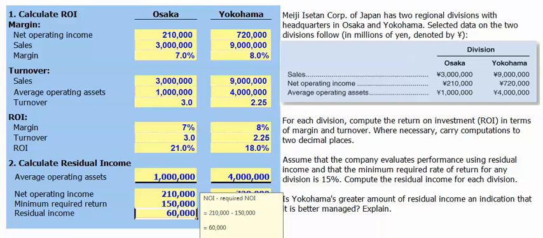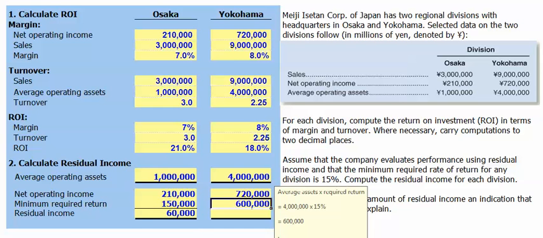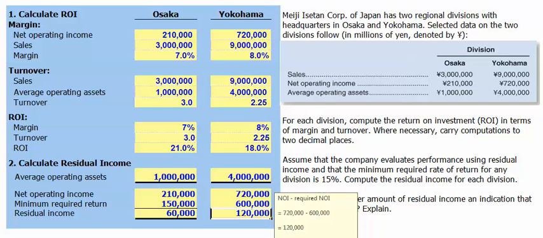For the Yokohama division, the required minimum yen income for NOI is 600,000 yen. When we subtract that from our net operating income of 720,000 yen, we have a residual income of 120,000 yen.